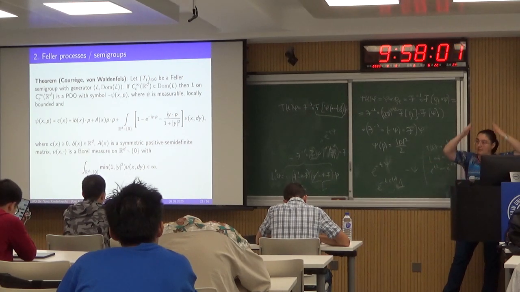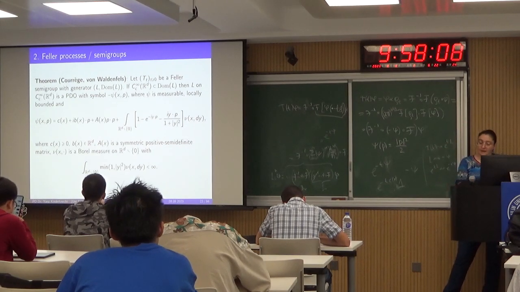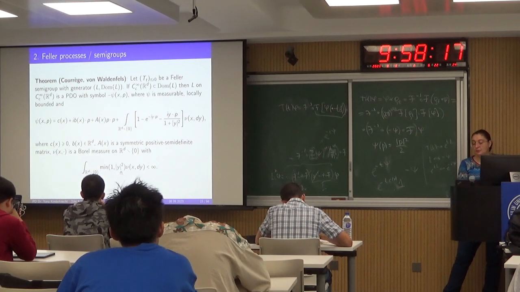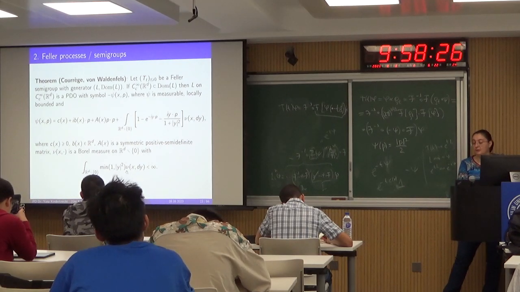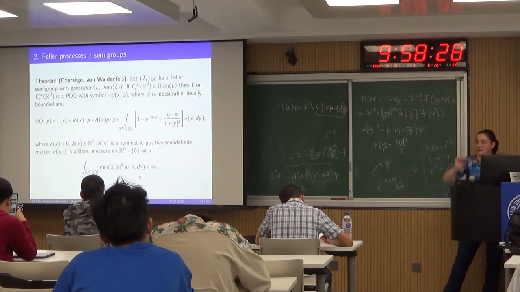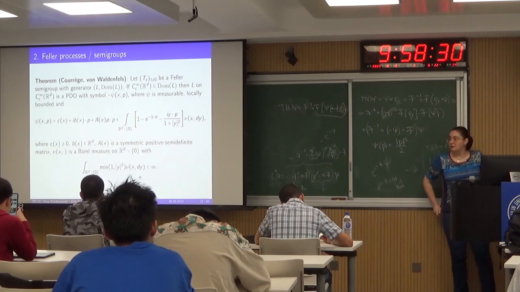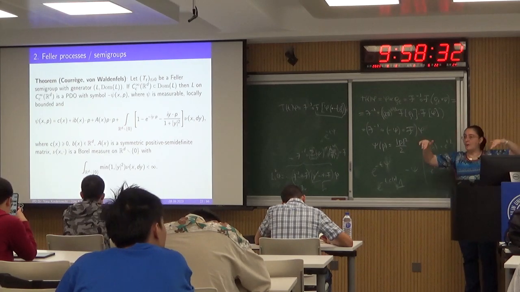So if y tends to 0, the measure can blow up. But this blow up is controllable by this power. So when y tends to 0, this minimum is just y to the power 2. So this is the norm of the vector y to the power 2. And this should be integrable with respect to this measure in the neighborhood of 0. So it's a control of the blow up of the measure.